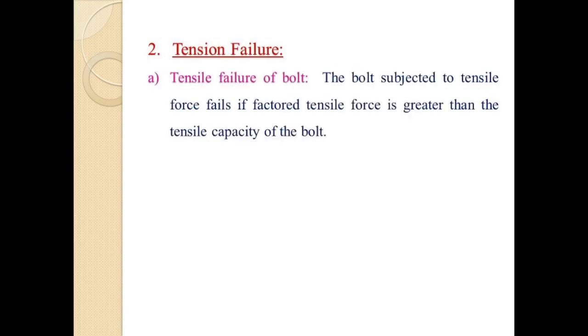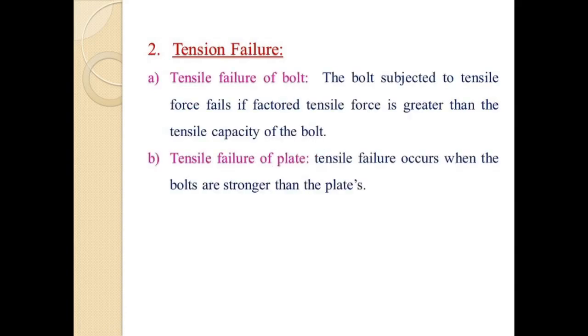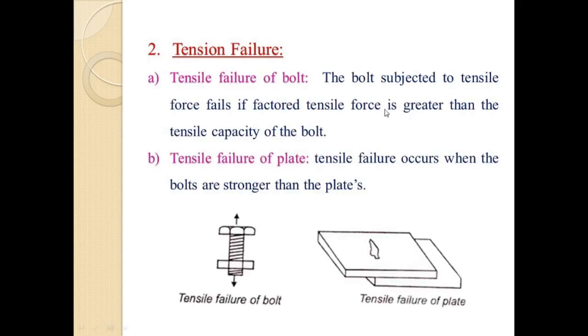Okay, next is the tensile failure of bolt or tensile failure of plate. A bolt subjected to tensile force fails if the factored tensile force is greater than the tensile capacity of the bolt, meaning if the tensile force applied on this bolt is greater than the tensile capacity of this bolt, then this type of failure happens.